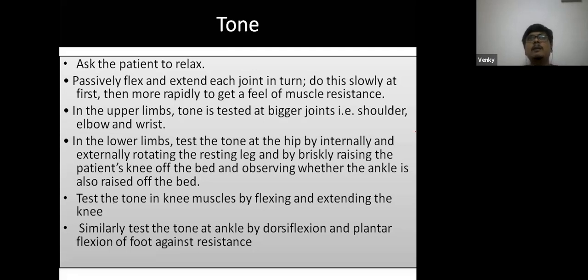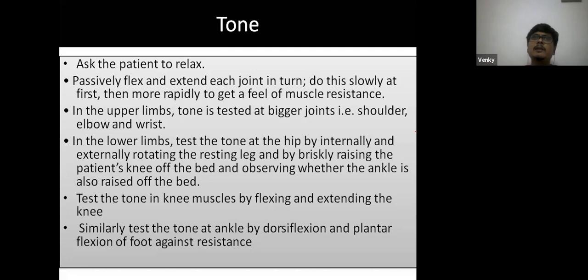The second method, in the case of a comatose patient: you lift the upper limb and put it over his face. In case of hypotonia, the limb will fall over the face or fall over the bed, whereas in hypertonia, the limb will stay there itself. This is hypertonia.